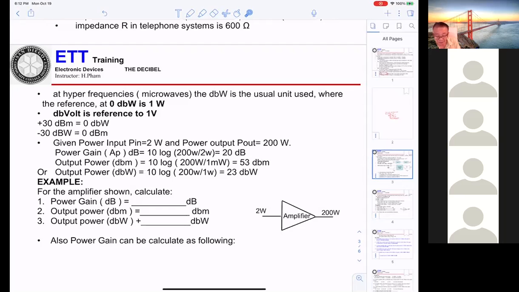And dBm equals 10 times log of any power divided by 1 milliwatt. If you want dB watt, it will be the same: 10 log of P divided by 1 watt.